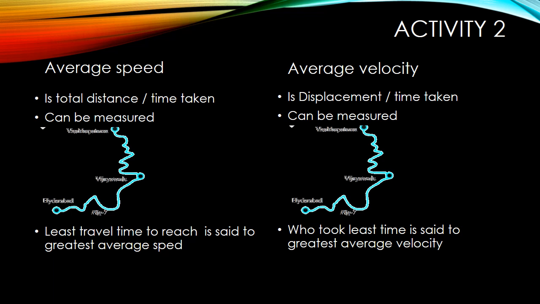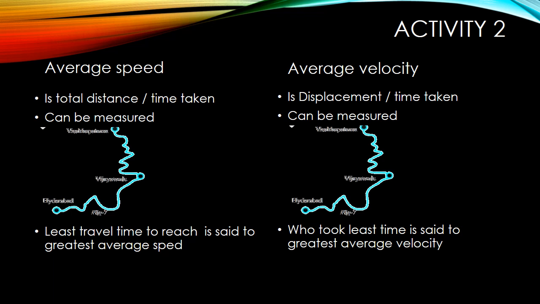So how to calculate the average speed? Total distance by total time taken will give you the average speed. Then at any place, if it takes less time, then it is traveling with the greatest average speed.